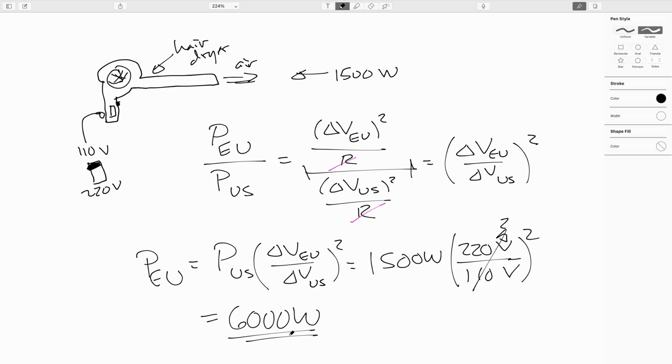Now, why doesn't this happen when you plug in other devices? Well, when you plug in other devices, like computers or stuff like that, they don't draw anywhere near as much current as a hairdryer. So it turns out what they can do in the power supplies is they actually just have a voltmeter built in. The very first thing it does is it measures the voltage of the plug that it's hooked into, and then automatically reconfigures itself if need be in order to properly operate with the local voltage.